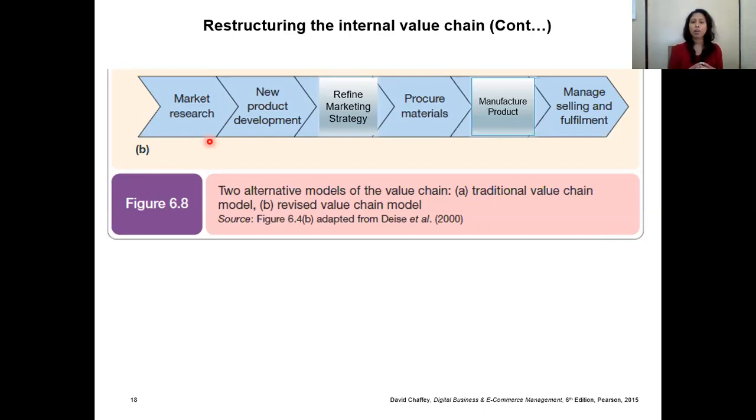Also, what are our competitors doing? How are our competitors delivering value to our consumers? What do we need to do in order to offer better value to our consumers in comparison to our competitors? A thorough market research can be enabled with the help of electronic communications.